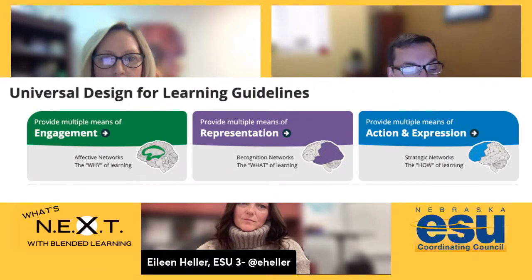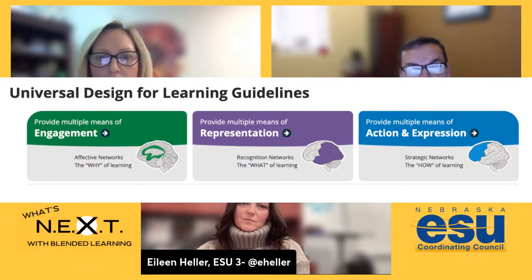The next area is representation. Representation is the access to multiple ways to experience or receive information. A lot of times we think about a typical lecture, or we want the student to read something. But when you think about representation, you might have several different opportunities for students to receive that information.